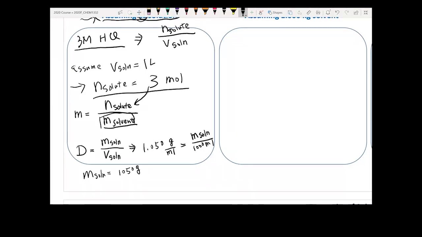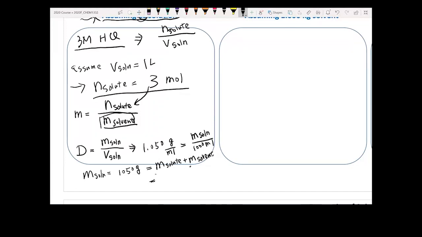But that's not what you are looking for. You're actually looking for the mass of your solvent. You also need to know that the mass of your solution equals the mass of your solute plus the mass of your solvent, right?